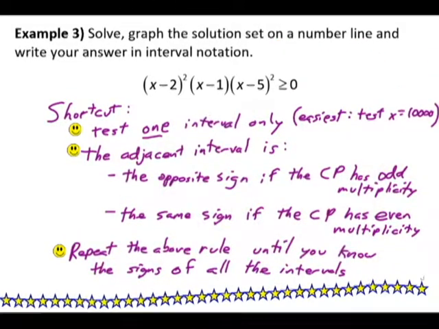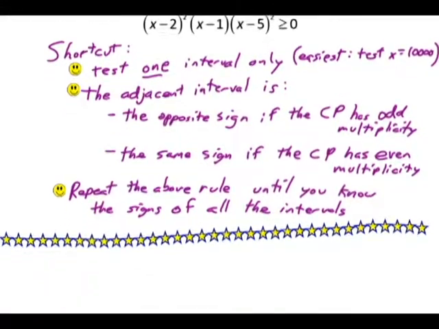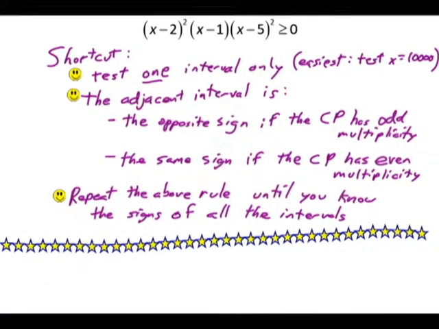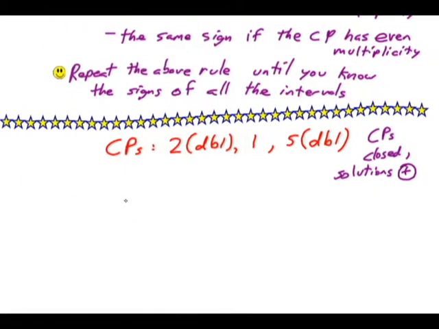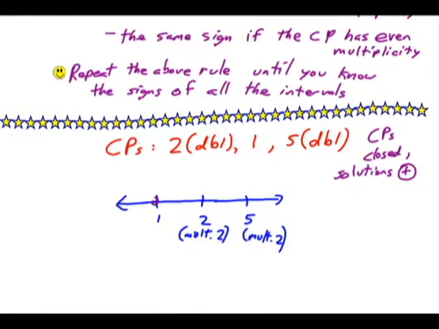Here's my solution. I'm going to make one change. Instead of saying critical points closed, I'm going to say zeros are closed. In a moment, we'll encounter some situations where we have critical points that are not zeros.